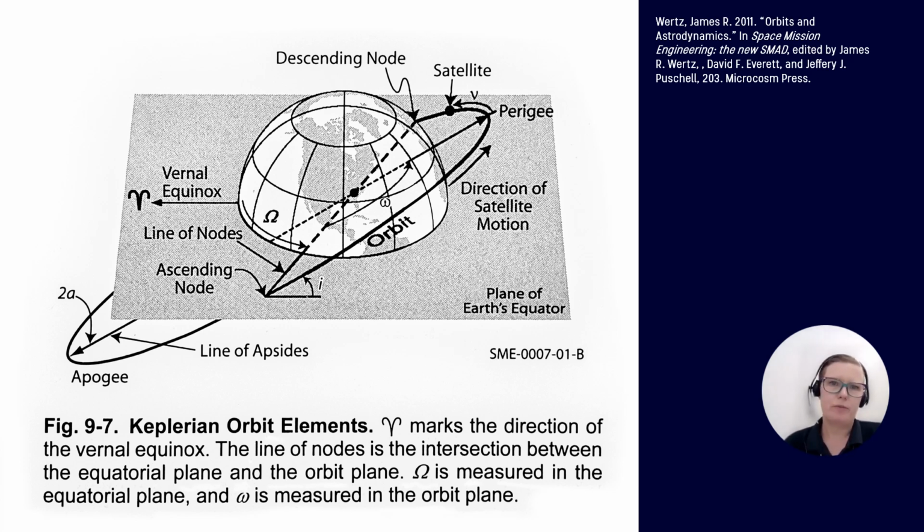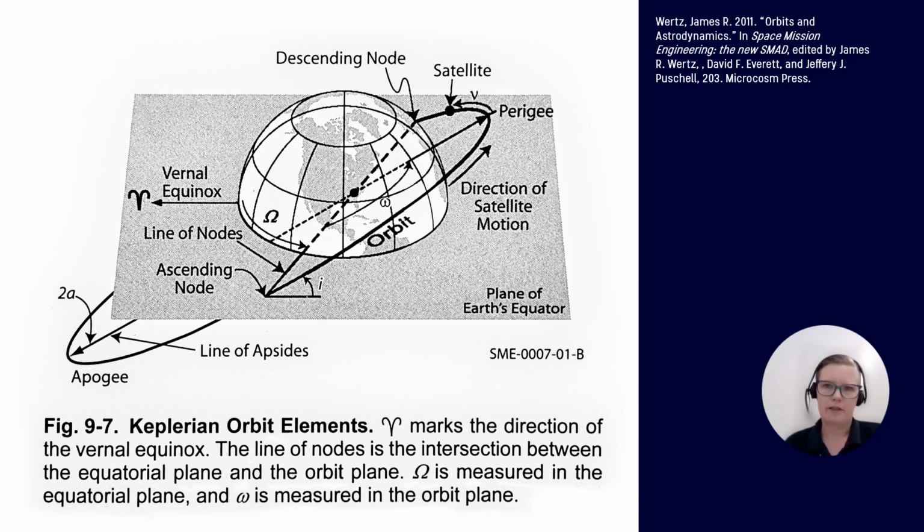So the next orbital element we want to talk about is the argument of perigee, or the argument of periapsis. I didn't explain that one very well a few slides ago, but it's easier to talk about now that we can see it on a diagram. So this is lowercase omega, which looks like a little w, as the argument of perigee, or the argument of periapsis, if you're talking about it more generally, not just about Earth orbits.